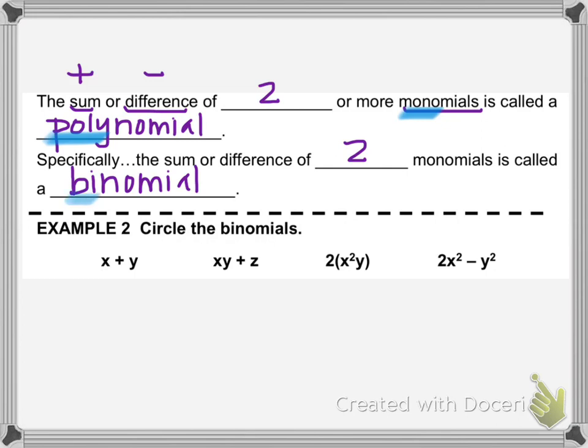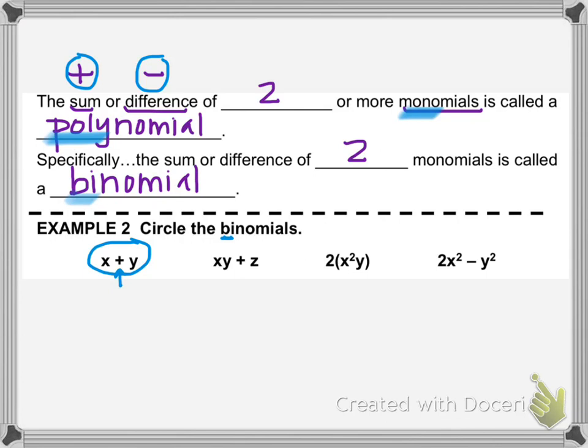Prefix bi means 2. So down here we've got 4 expressions. We're trying to figure out which ones are considered binomials or which ones have 2 terms in them. Remember, terms are separated by pluses and minuses, right? All right, so in the first expression, x plus y, I see 1 plus and it separates the x and the y. The x by itself is a monomial, the y by itself is a monomial, but together, because they have a plus between them, it is a binomial. The second expression, xy plus z, xy is a monomial, z is a monomial.